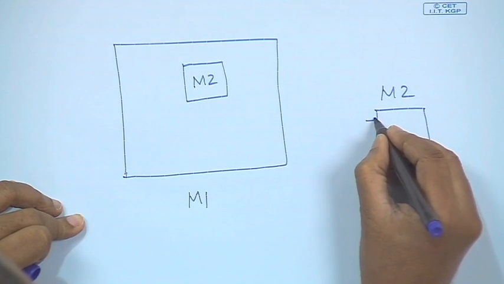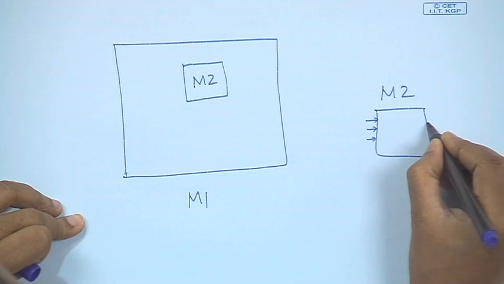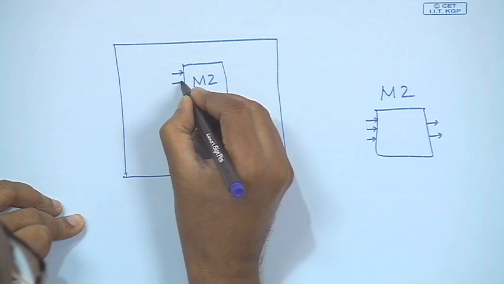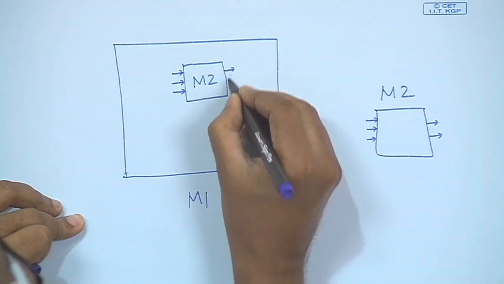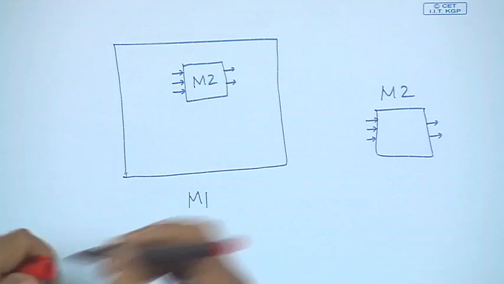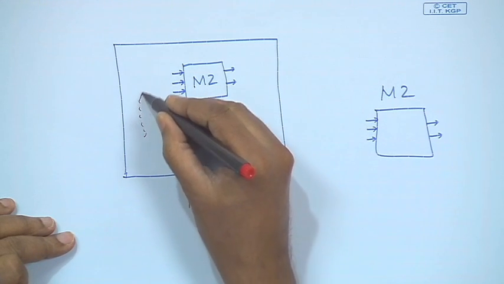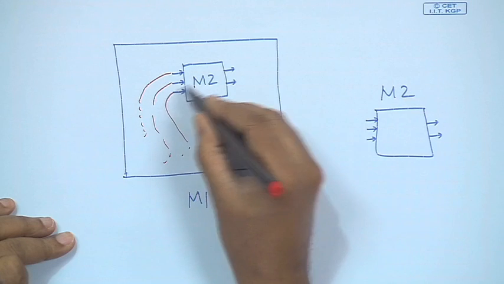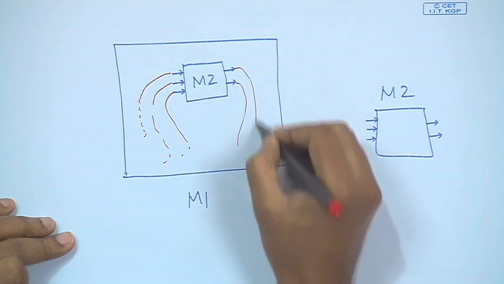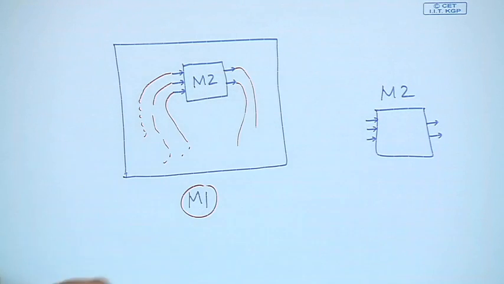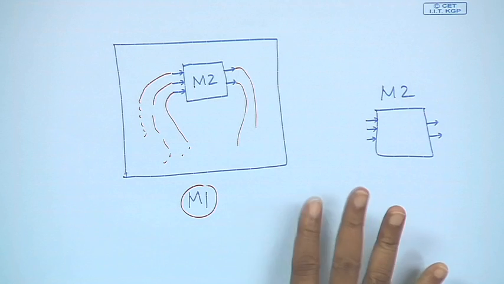M2 had some input signals and some output signals, so here also the same input and output signals will be there. I will have to suitably connect these input and output signals to the other hardware components that are there in M1, so that this instantiation will work in a proper way, fine.